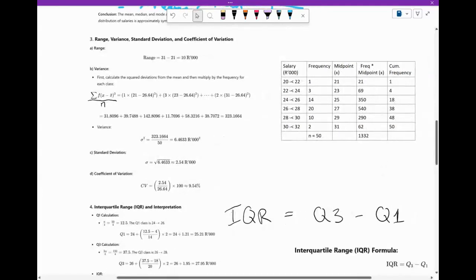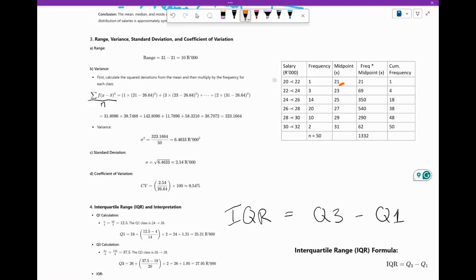Remember, the range is basically the difference between your maximum value and your minimum value, or the smallest value. So here, if we look, we see that the minimum value in the midpoints, we're using the midpoints though, is 21.